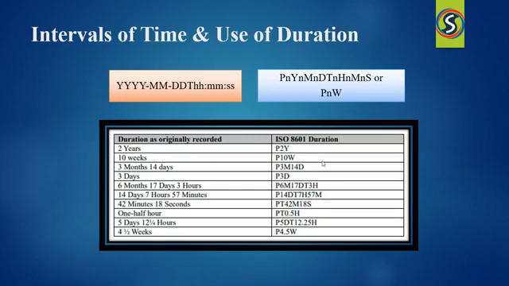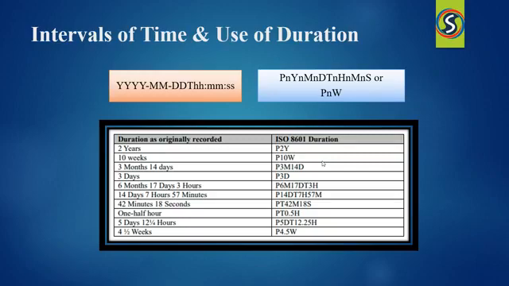So here we have some representations like duration which was originally recorded as well as your ISO 8601 duration. So 2 years is what we have in the first observation, that can be represented as P2Y, and 10 weeks P10W. Then 3 months and 14 days you can represent as P3M14D. 3 days P3D.